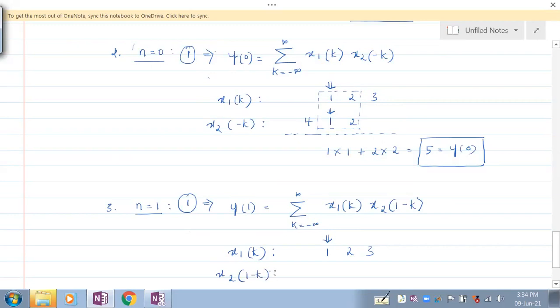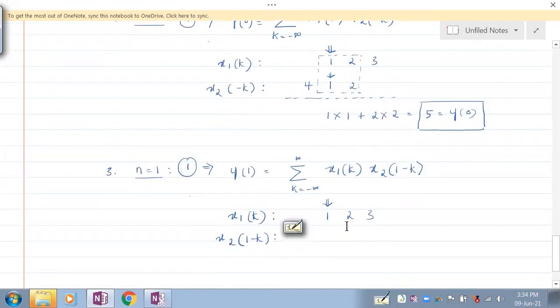Earlier, before this, two pairs of players were handshaking. Now in this, three pairs of players should be handshaking. That means 4, 1, 2. So this is your 0th sample. So this is x2 of 1 minus k. You can work out and see. So it is 4 into 1 plus 2 into 1, plus 3 into 2.